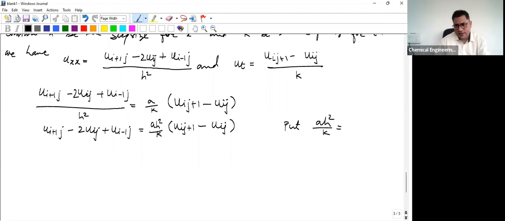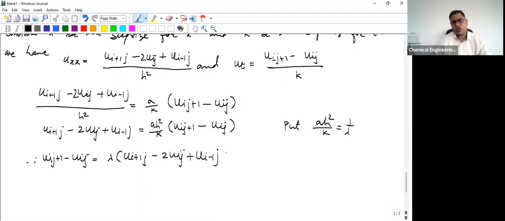So if I consider this as 1 by lambda, I can write u_{i,j+1} minus u_{ij} is equal to lambda times (u_{i+1,j} minus 2u_{ij} plus u_{i-1,j}). That's what we do.